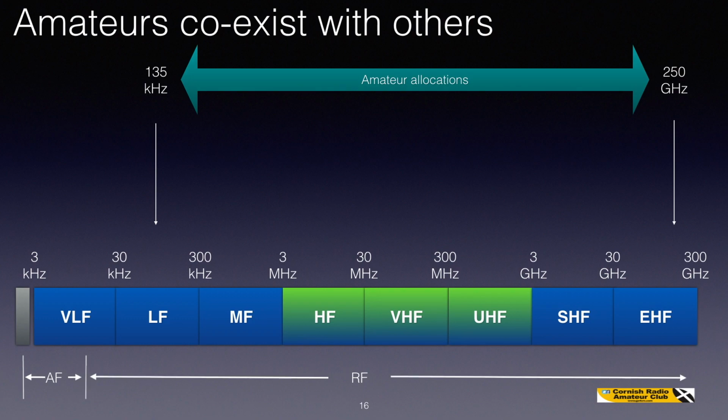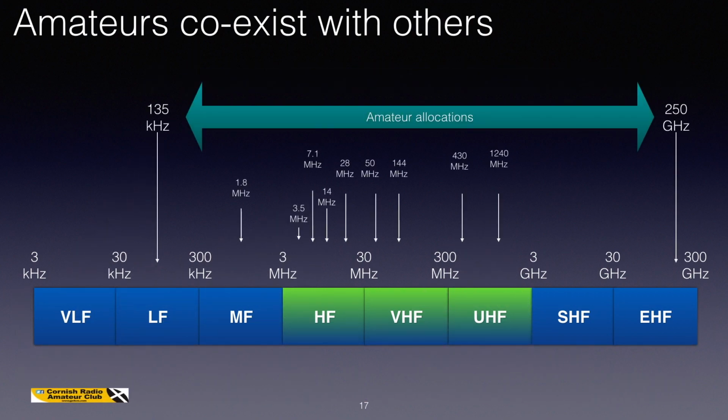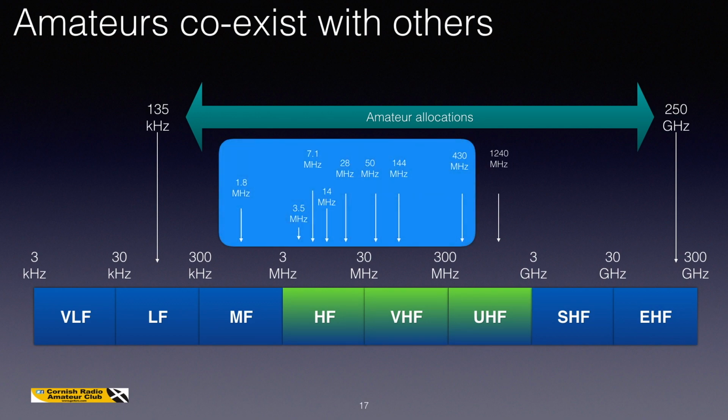So if I draw some of the amateur allocations, and this is by no means all of them, you can see quite a few of them are clumped around HF, VHF, and UHF. And anecdotally, I would say that something like 80% of amateurs operate within the area of the blue box there.